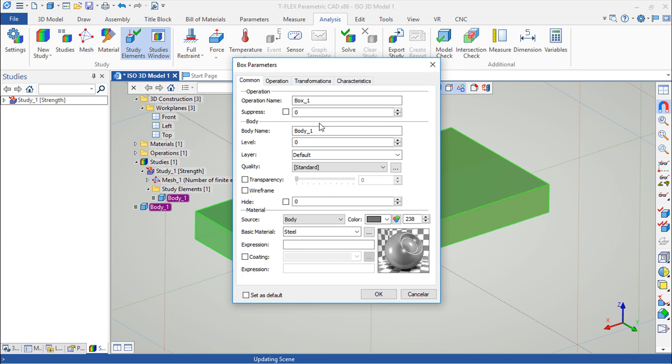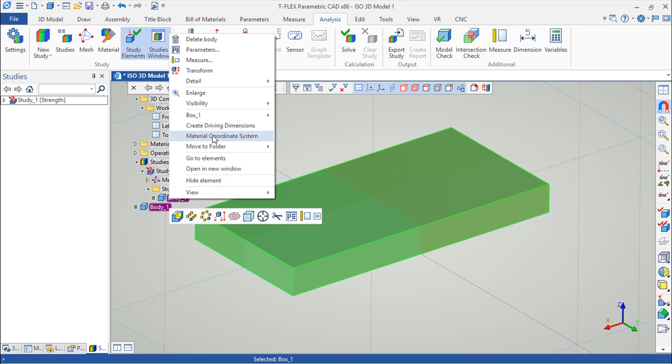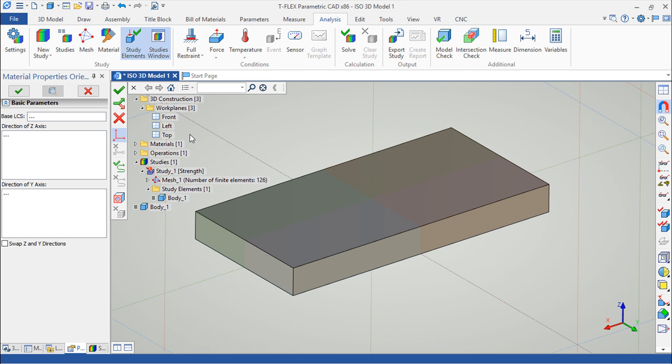Again, we can have this definition here, and again the possibility, as I showed before, to define a coordinate system also for this particular case, because again, having different values for different axes, it was important to have the possibility also to define the orientation of the axis.